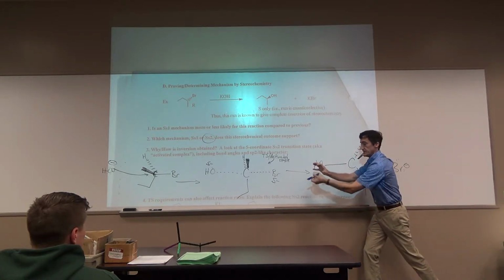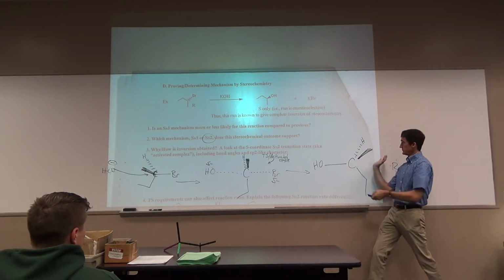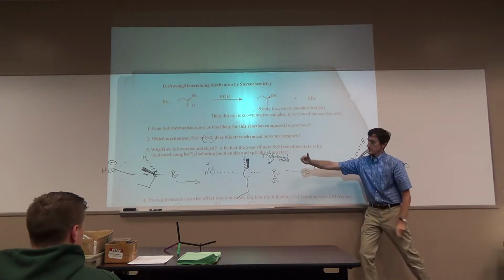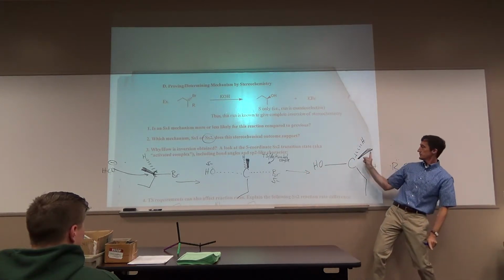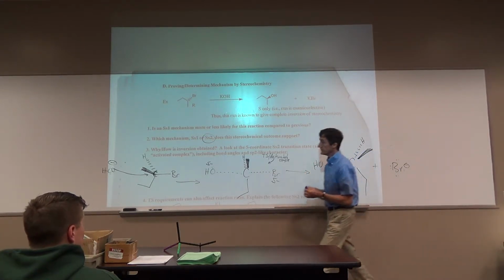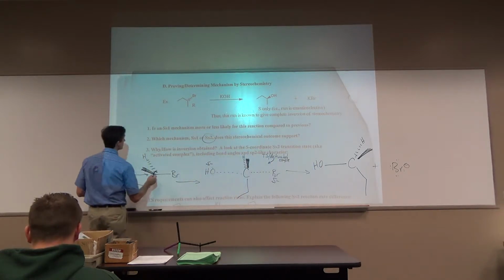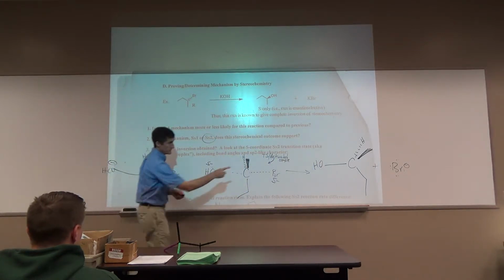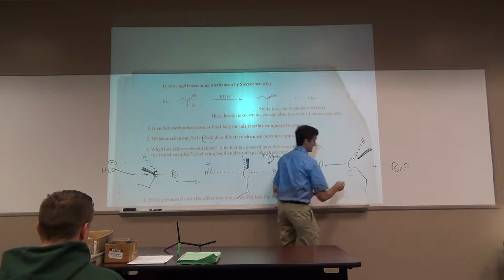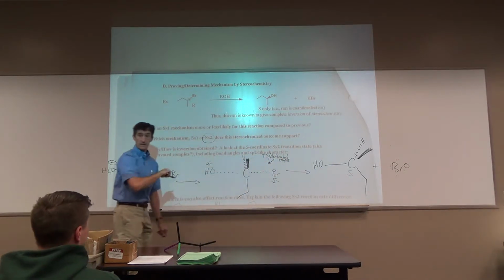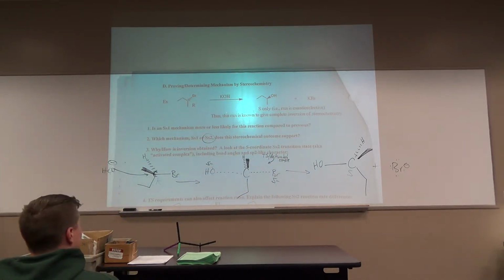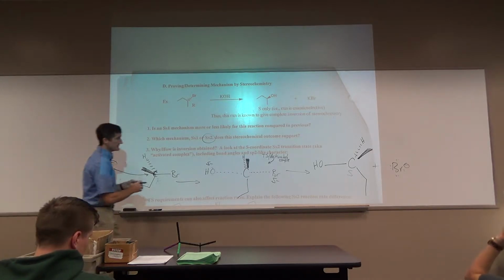So it comes in, pushes them out, but then they go this way. Look, the methyl's forward. It just gets pushed forward this way. But that's inversion. Because if you look at this, this is R. But if you determine this here, that should be S. Yeah, see, that's S. Inversion happened.